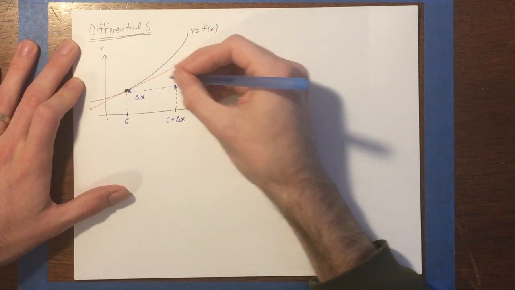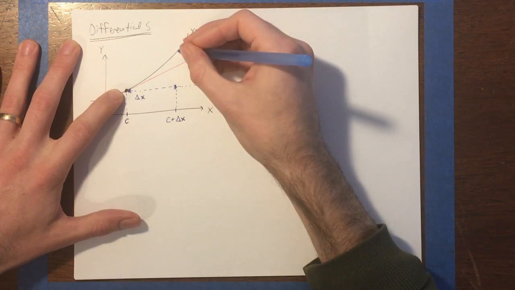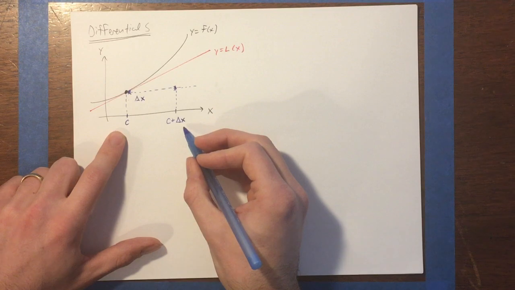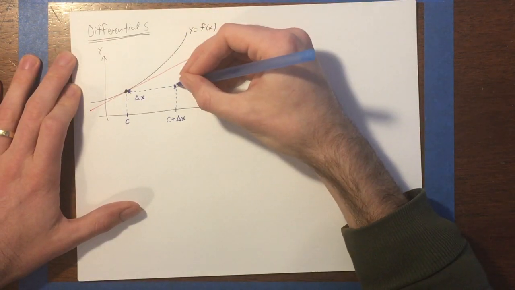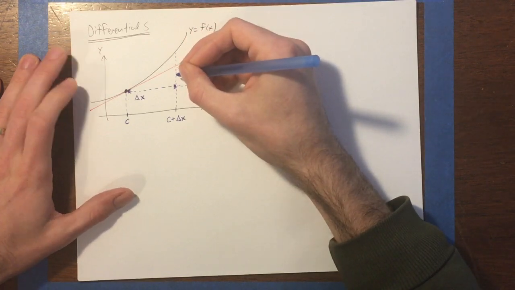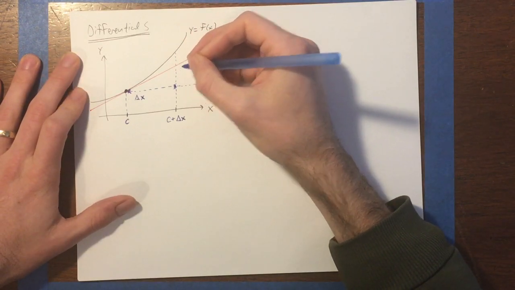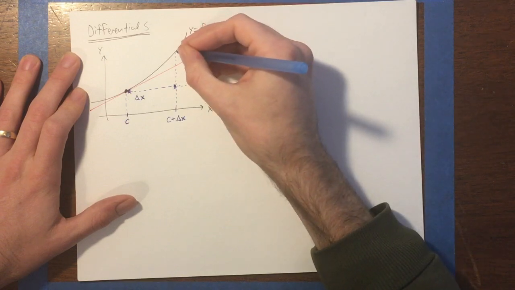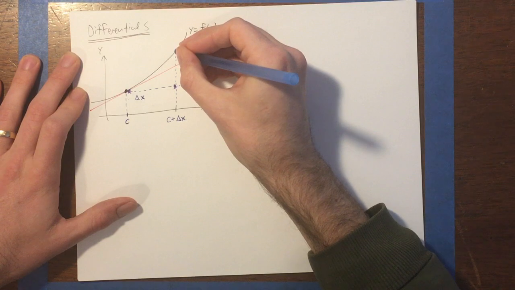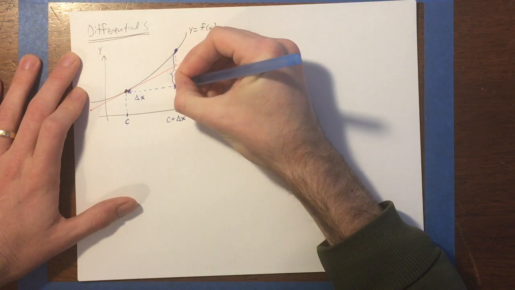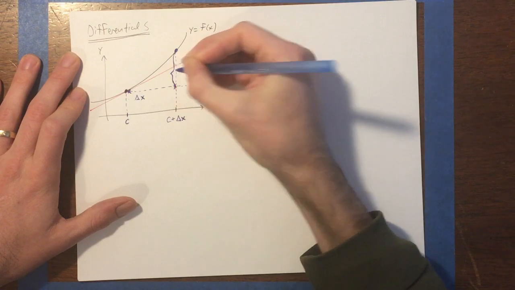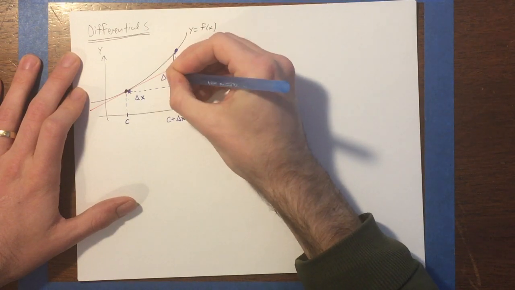If I measure the actual change in the y coordinate, as x changes from c to c plus delta x, up to the function up here, that would be that distance right there. That distance there, that I have the brace around, is delta y.